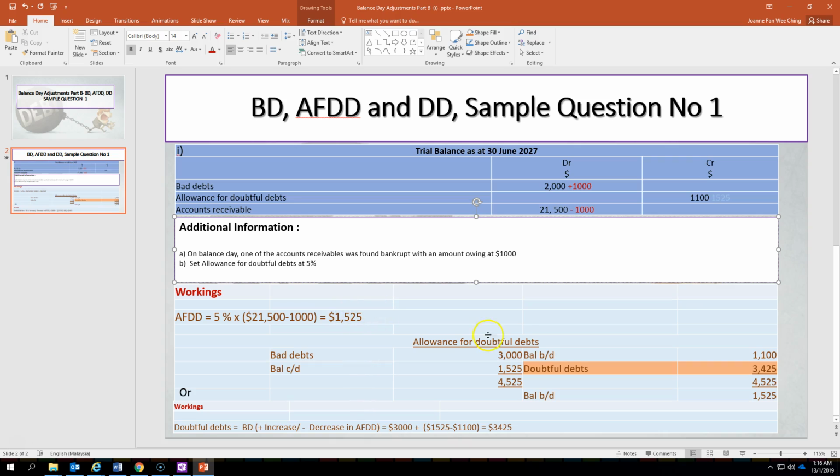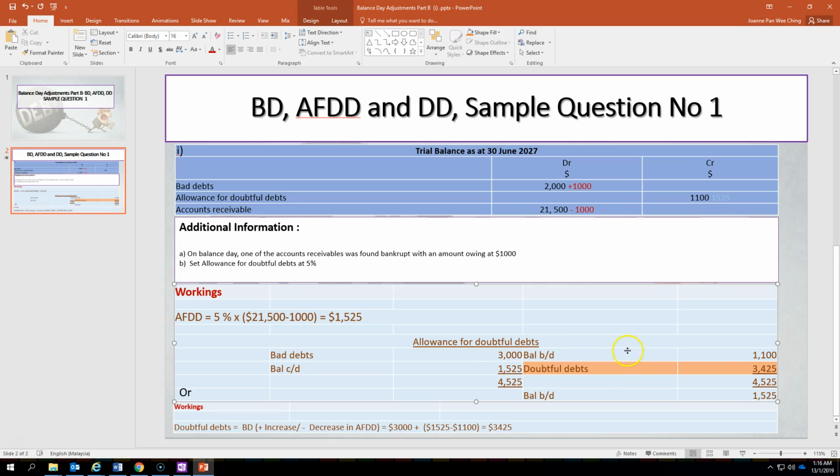Okay, so next, always remember the steps in reconstructing AFDD. The first step would be putting the opening balance over here, 1,001. The second step can be either bad debts recorded here on the debit side, transferring the 3,000 over here, or the second step can be recording our balance CD amount, which is 1,525, and only then followed by bad debts.